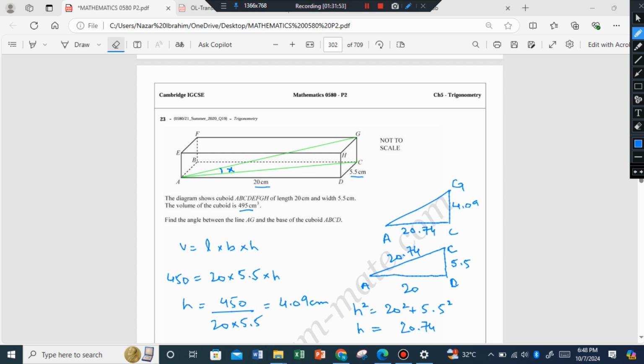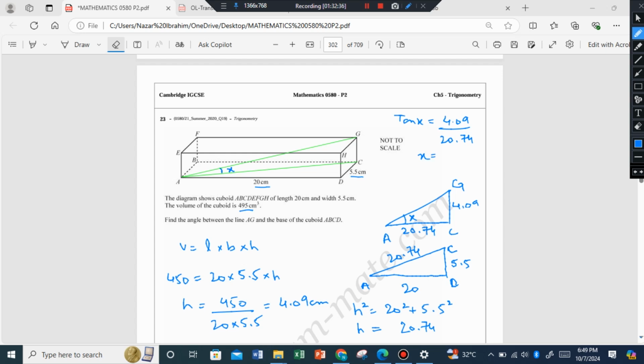Now I want to work on this angle, which is between AG and AC. Working on it means that I have to calculate the tangent, right? Tangent x is equal to opposite over adjacent. Opposite is 4.09 and adjacent is 20.74.